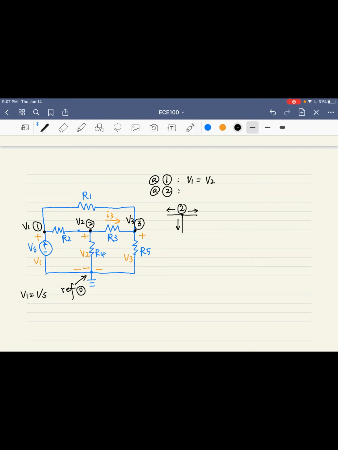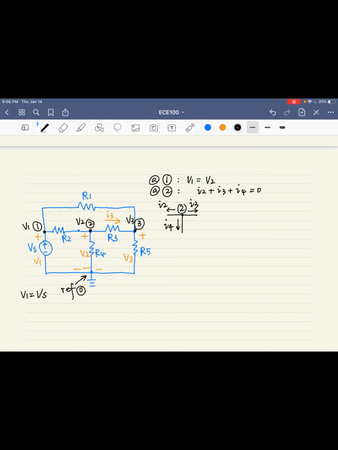The current going out of node 2 towards the right is I3 here, the current going down across R4, let's call it I4 here, and the current going through the resistor R2, let's call it I2 here. So we know that I2 plus I3 plus I4 equals 0.